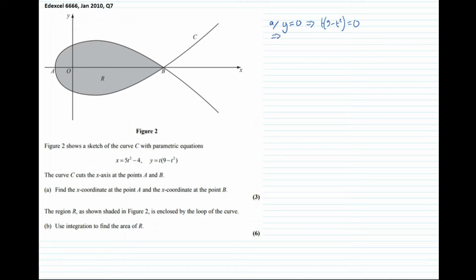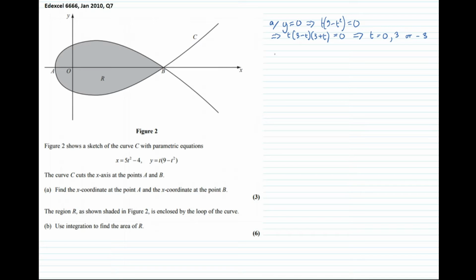And this implies, if we further factorise, that t(3 minus t)(3 plus t) equals 0. Difference of two squares, 9 minus t squared factorises to (3 minus t)(3 plus t), which then means that t equals 0, 3, or minus 3.